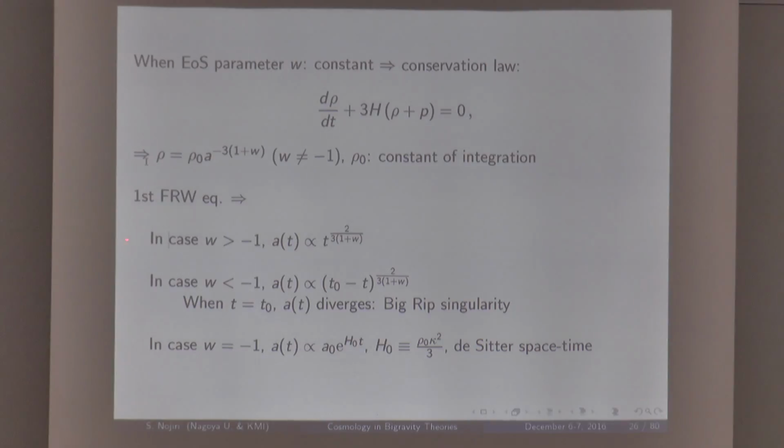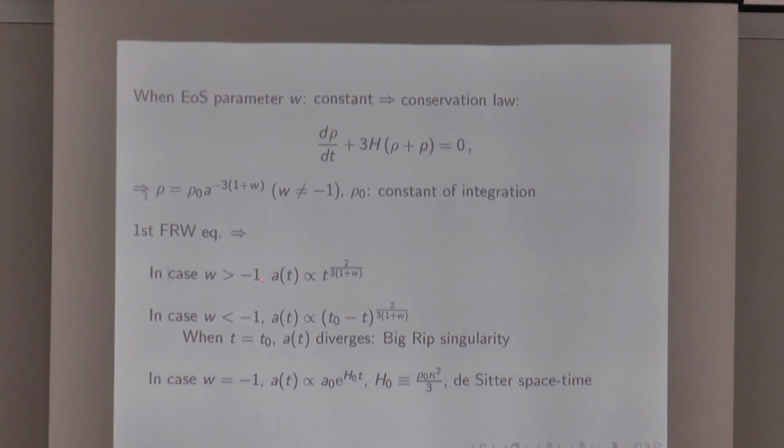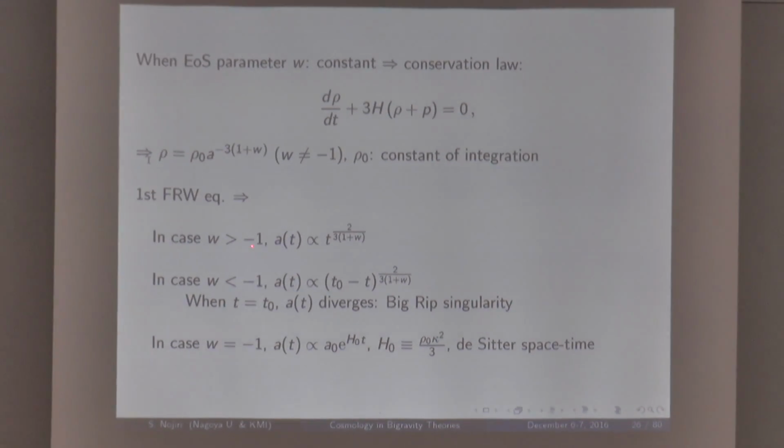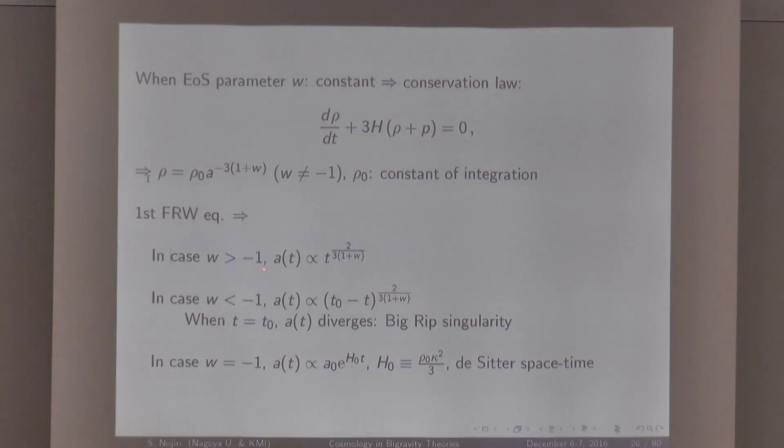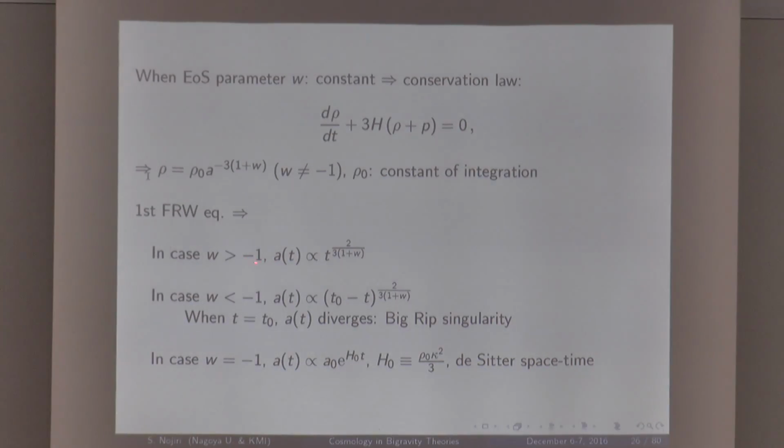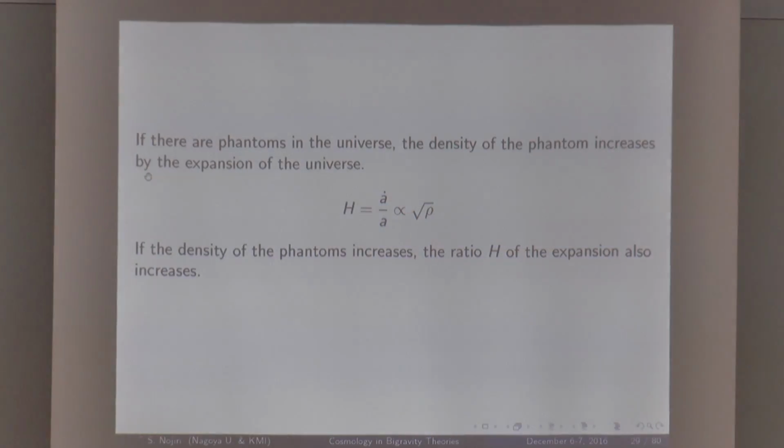In the case of w greater than -1, there occurs accelerating expansion. The corresponding fluid is called quintessence, that is, the fifth element. And in the case w is less than -1, the fluid is called phantom. If there is a phantom in the universe, the density of the phantom increases by the expansion of the universe.